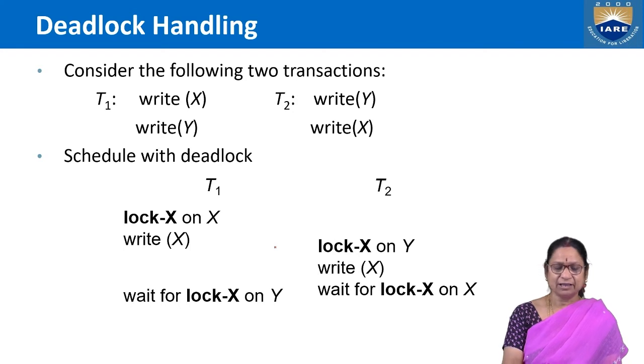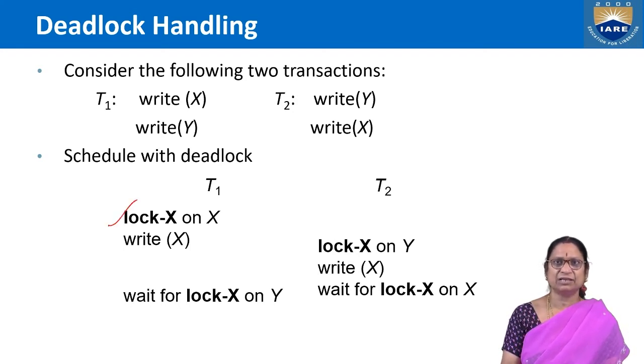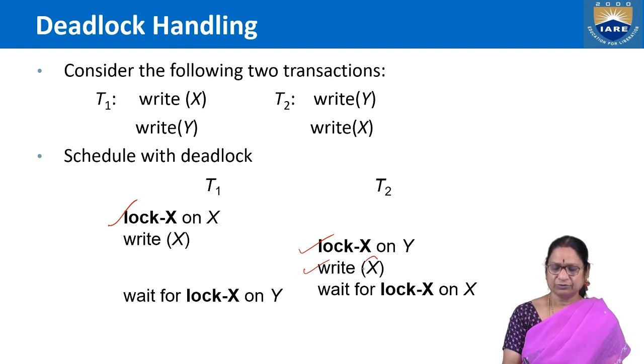Because a write is required, an exclusive lock is requested on X, and T1 writes X. Meanwhile, transaction T2 enters, requests the exclusive lock on Y, and starts writing Y.